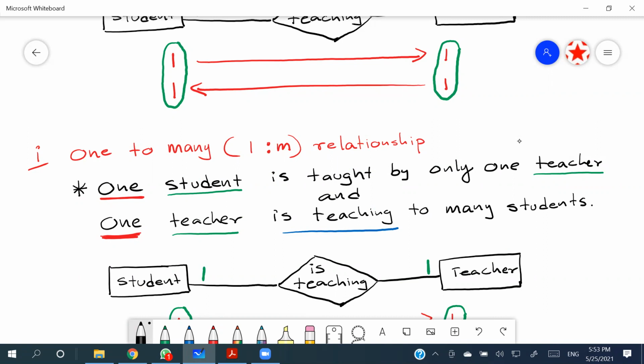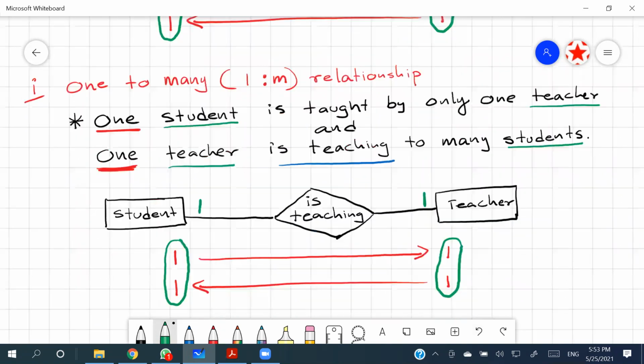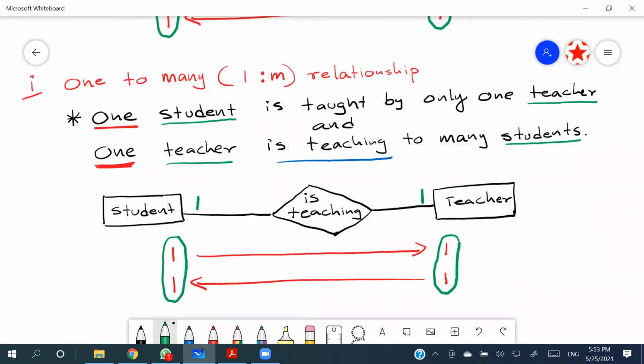So still we have the same type of entities, teacher and student, and the same type of relationship, the name. But look at the argument. Look at the argument.